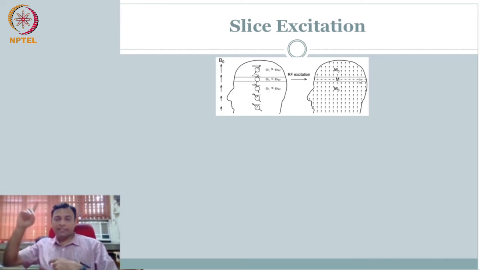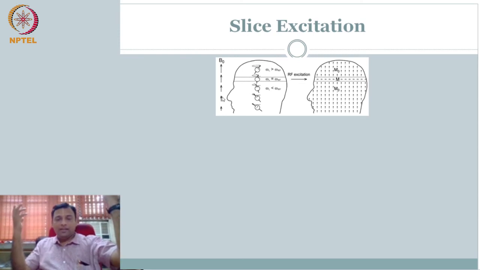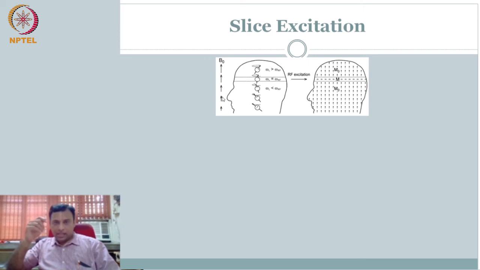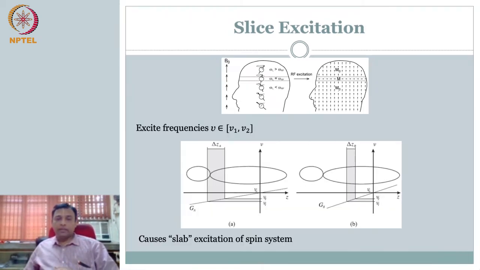Whichever plane corresponds to that particular RF excitation, only that plane will start to get excited. The rest of the places won't be excited. That is the beauty. So now in one stroke, when I apply RF excitation at a particular frequency, I can select a particular plane. Beautiful.